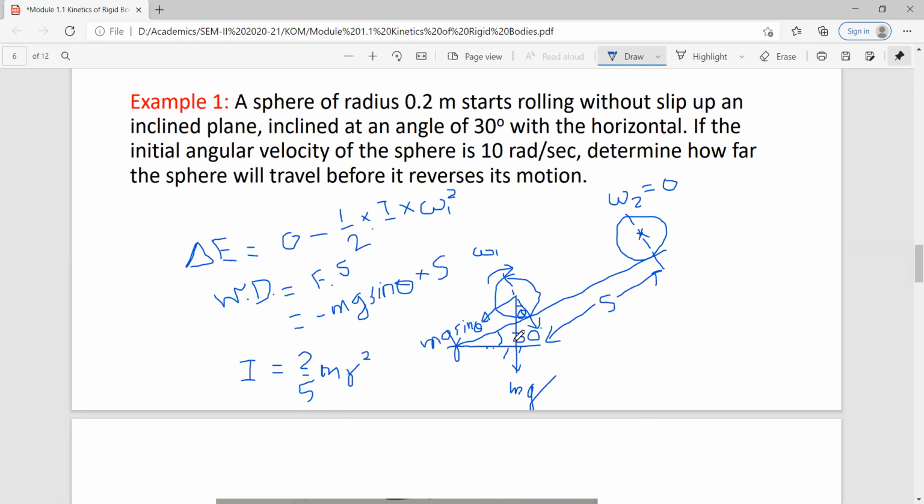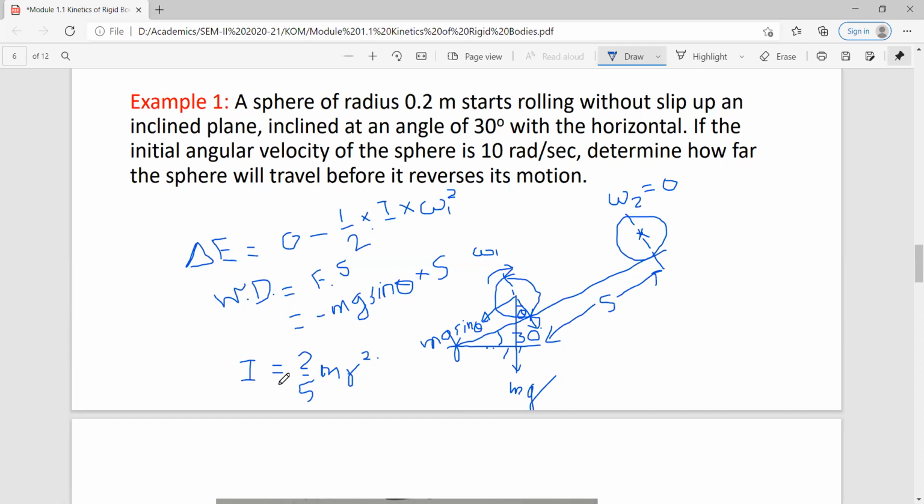But this particular sphere is rolling about this point. When it is rolling like this, it is turning at the point of contact. It is not turning about this particular center. Are you getting the concept?